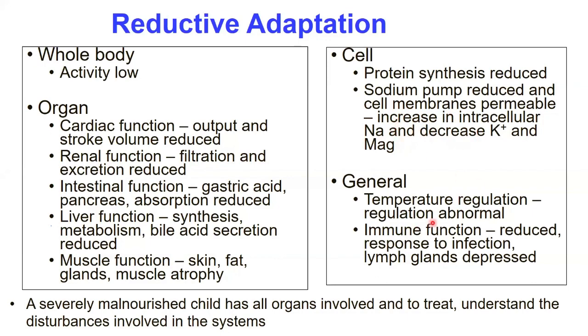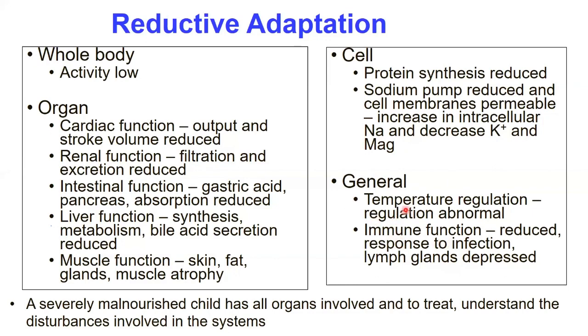The temperature regulation is poor in these children. That's why the child may have fever, but the temperature may be low, even suboptimal, below 35, because temperature regulation has been affected. All the immune functions are reduced in terms of response to infection, and that's why infection becomes the key.